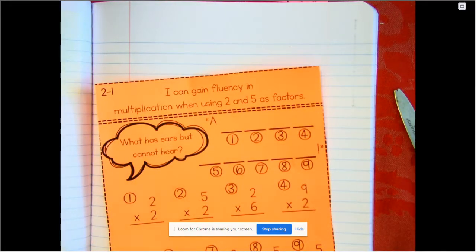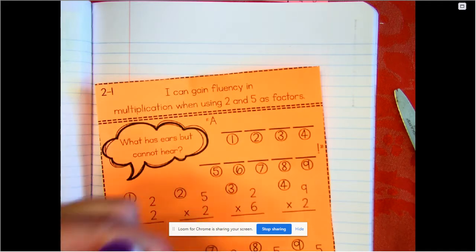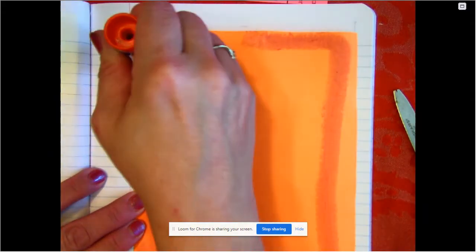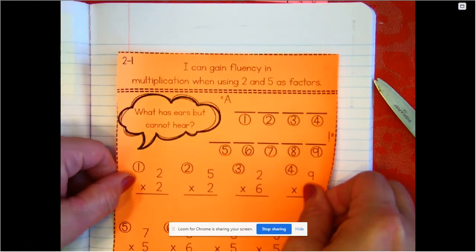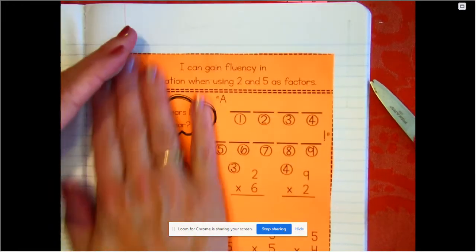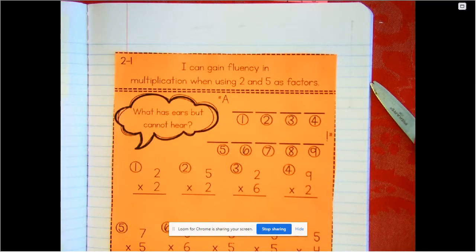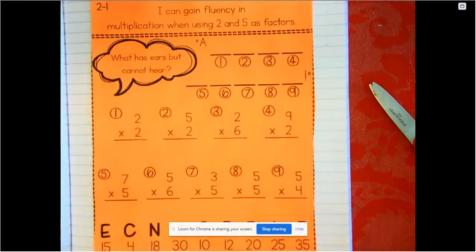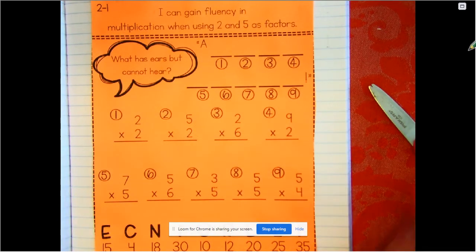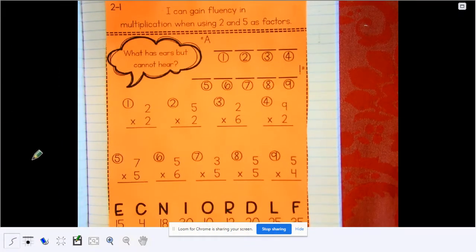We're going to use a little glue. Go ahead and pause if you need a minute to get this glued in. And then when you unpause, we'll be working on this together.